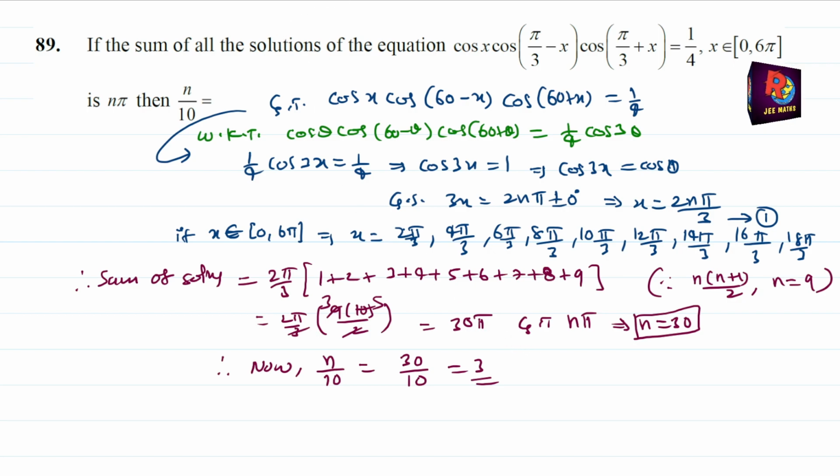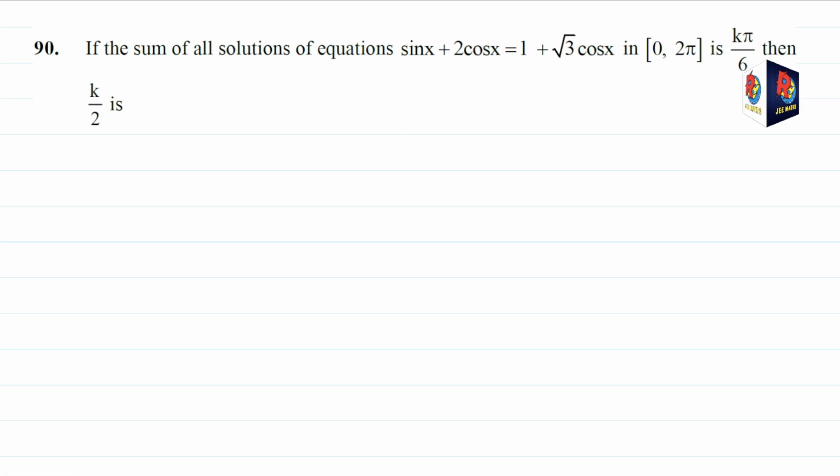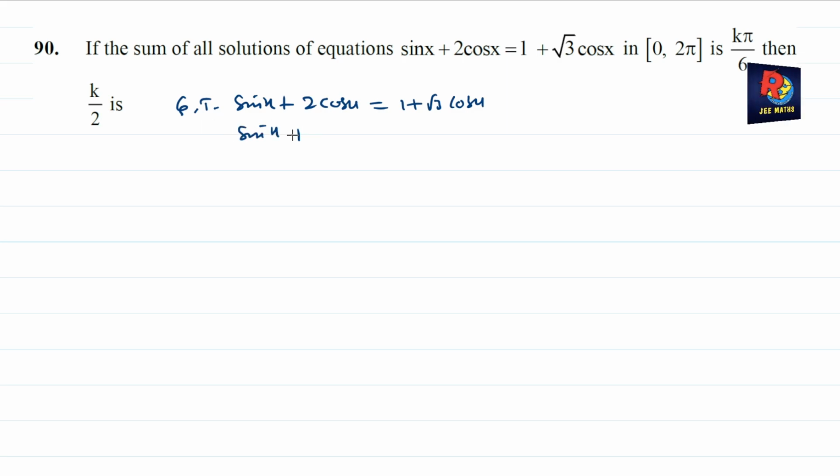Next, here given that sin x plus (2 minus √3) cos x equals 1. If I take √3 cos x to this side, sin x plus (2 minus √3) cos x equals 1. So 2 minus √3 is the tan value, tan 15 degrees.